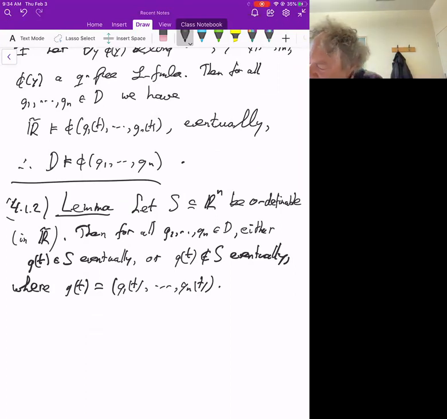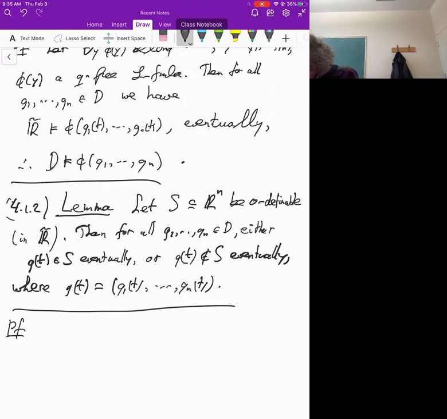So in a way, this is more general than what we had before for semi-algebraic sets, where automatically all real numbers are assumed available as parameters.